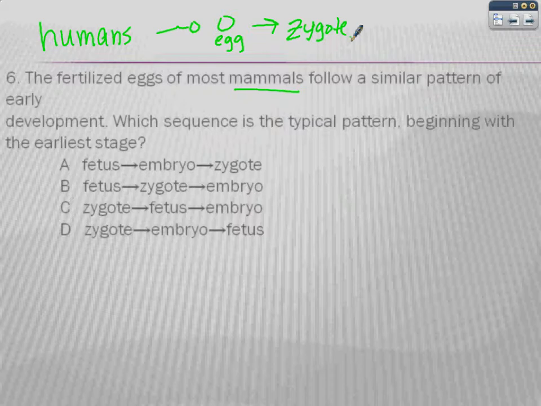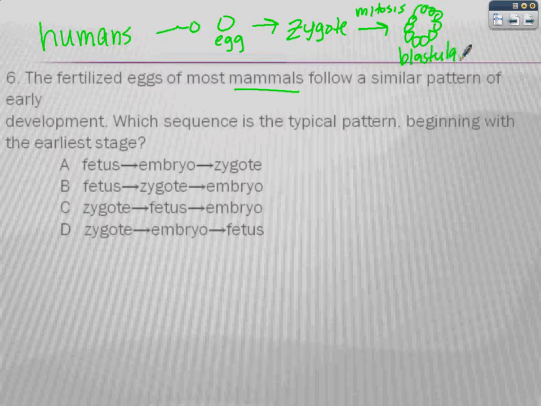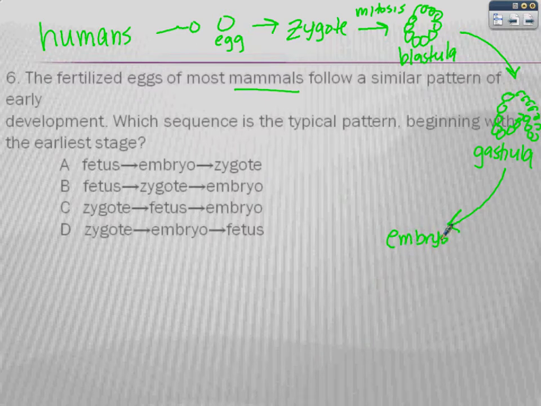All right, that zygote is going to go through the process of mitosis to make a hollow ball called the blastula. That hollow ball is going to start to fold over on itself to make the gastrula. The gastrula is going to eventually become the embryo.